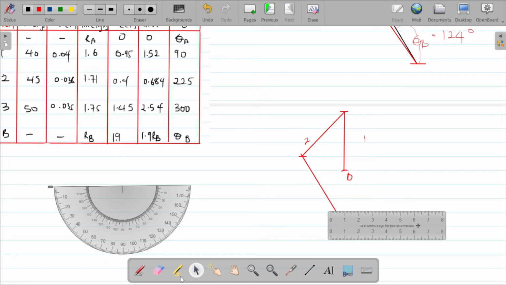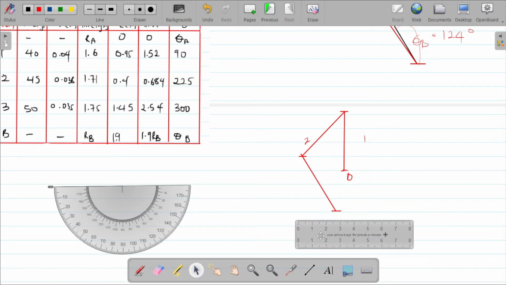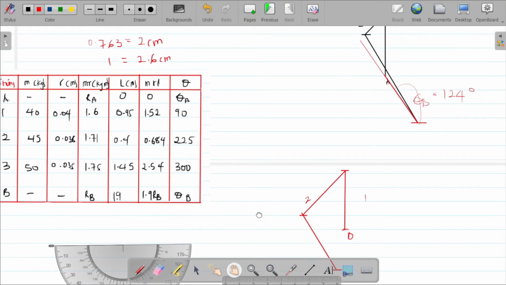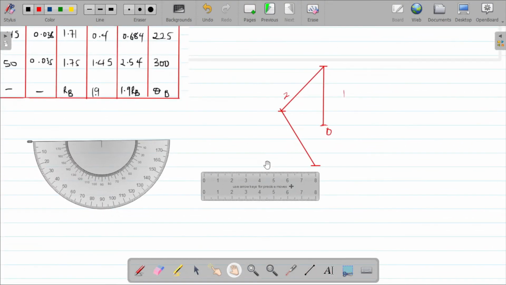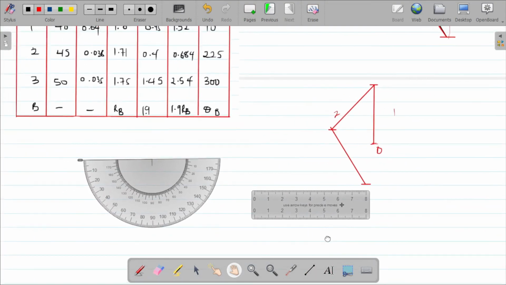All right, so over here we still draw a horizontal line, and then we measure the next one. So the next one, the angle was 124, and the magnitude was 0.63 and 124.